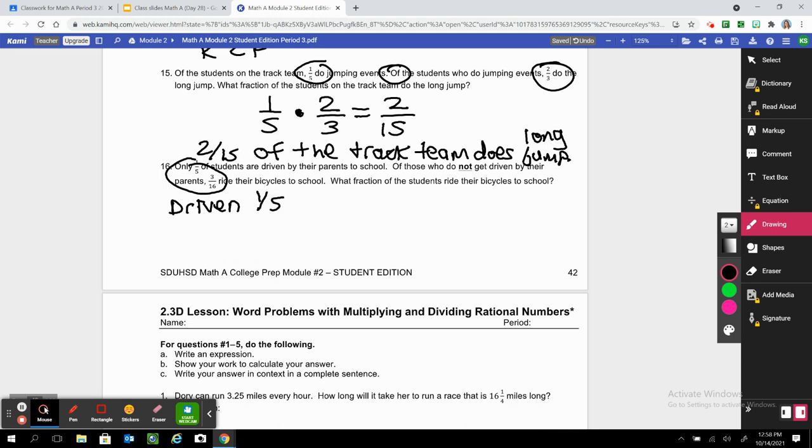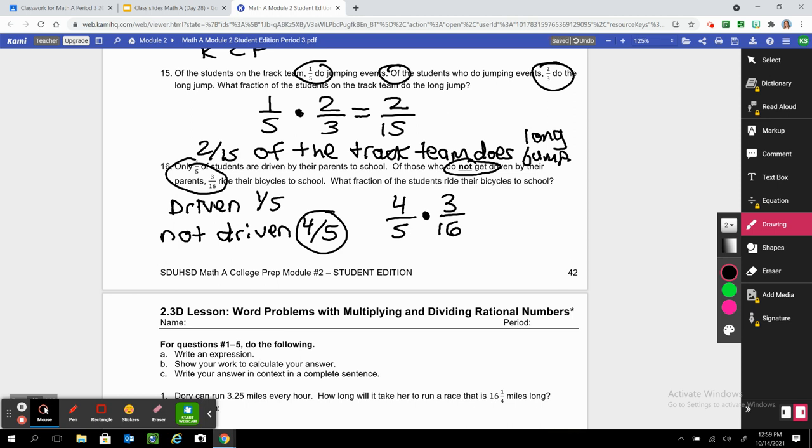If 1/5 is driven, then the ones that are not driven is 4/5. So I want to know what fraction of the students ride their bicycles, that the not driven by their parent part. So I'm going to actually look at the 4/5 fraction, not the 1/5, and I'm going to multiply it by 3/16 who ride their bicycles to school.